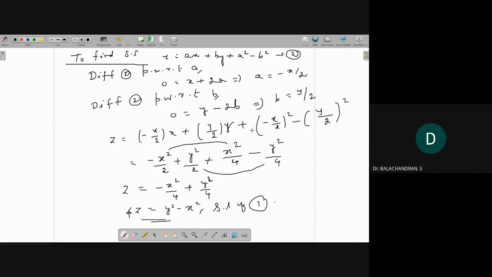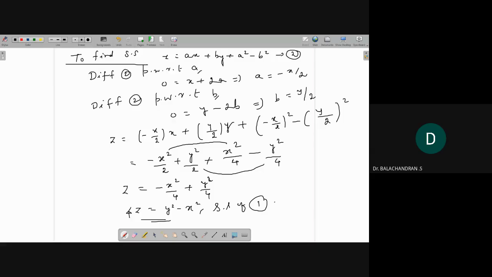So I think here you can easily find a and b. Sometimes it is a little bit difficult to find a and b, because here a is linear and b is linear, and there is no b with a.